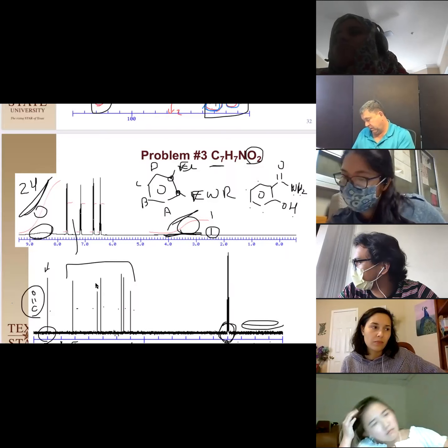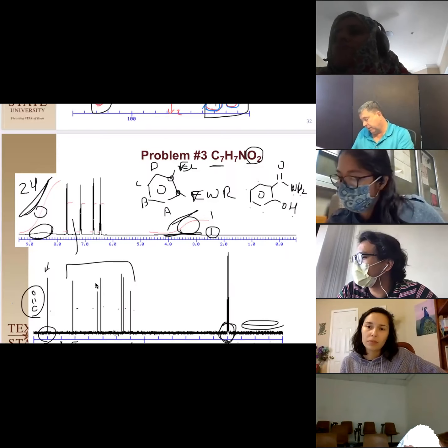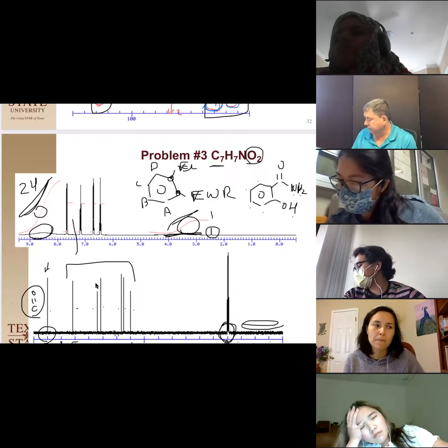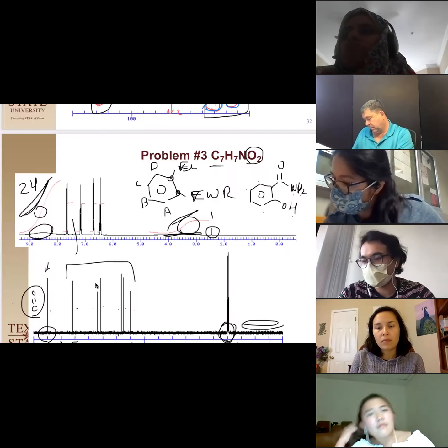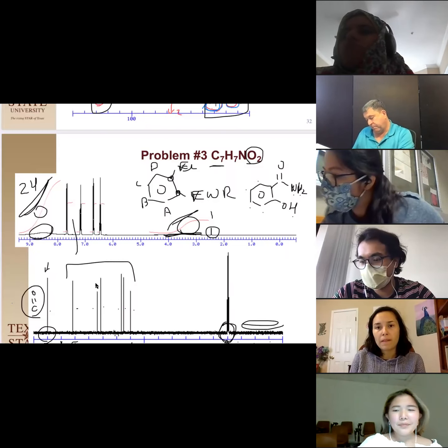Protons on a nitrogen atom in amine salts can exchange at a moderately high shift, as high as 8.5. The monosubstituted one is going to show up around 4.5.